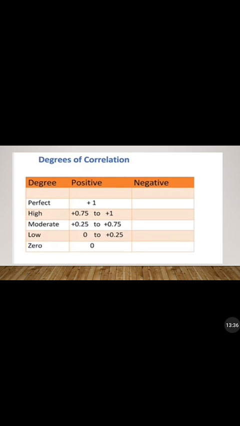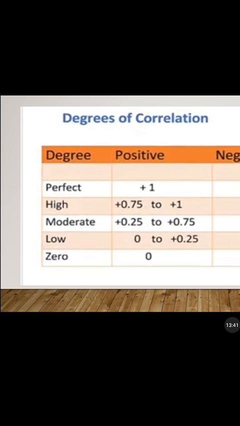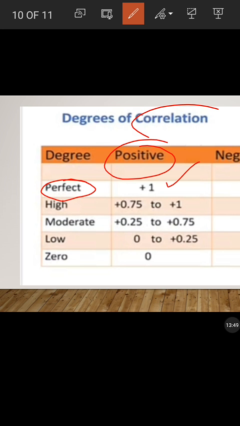So I have given a table here. If the value of the correlation is +1, then that is known as perfect positive correlation. If the value of r is equal to +1, then we can write that the correlation between the two variables is perfect positive.